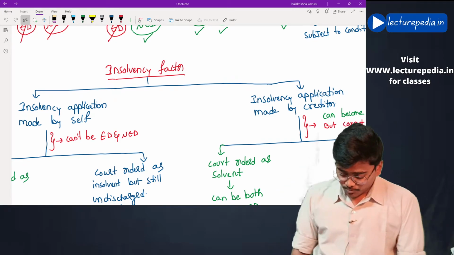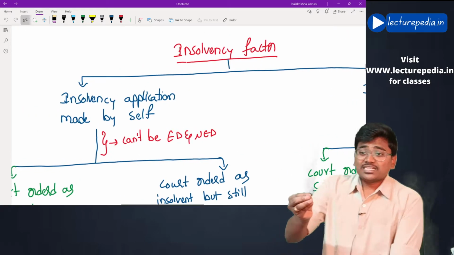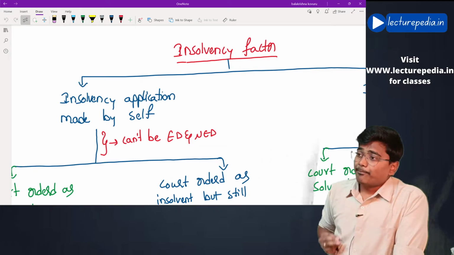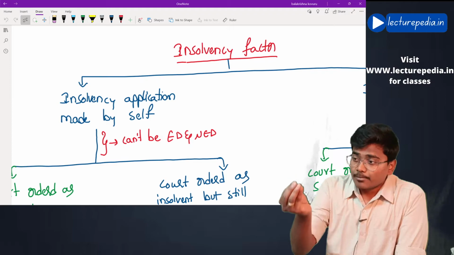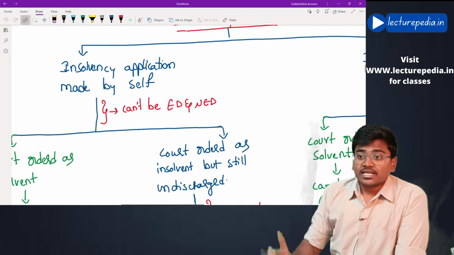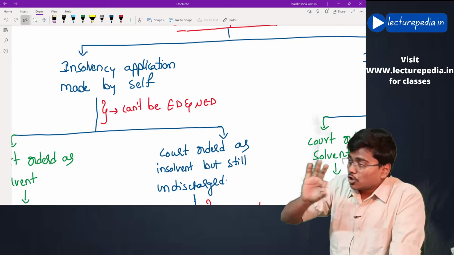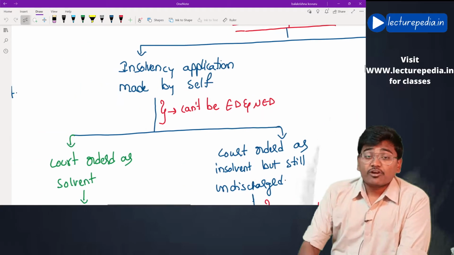Now, the first point, application for insolvency is made by self. Okay, once the application for insolvency is made by that person, he cannot be appointed as either executive director nor non-executive director. For how much time?